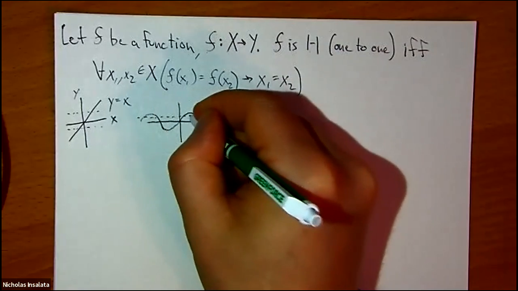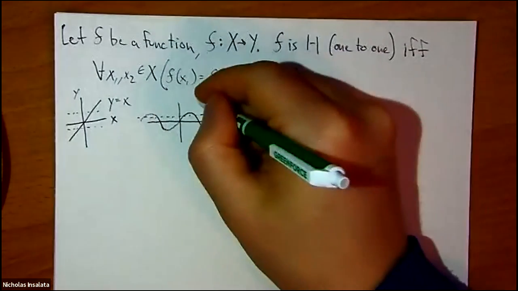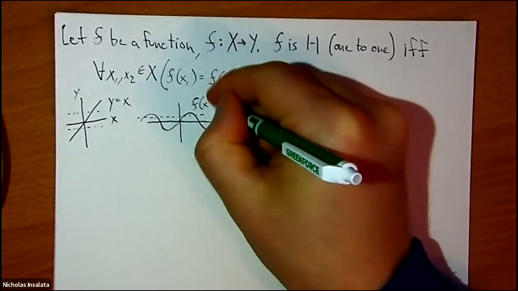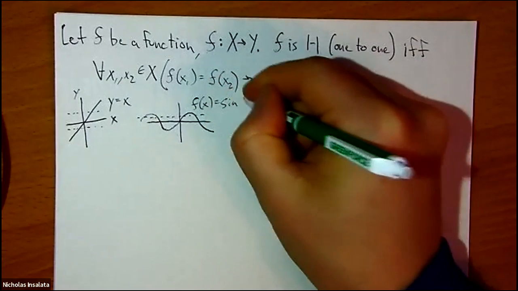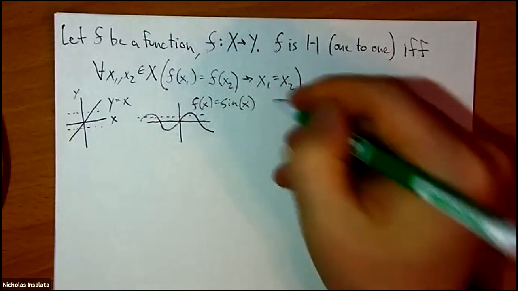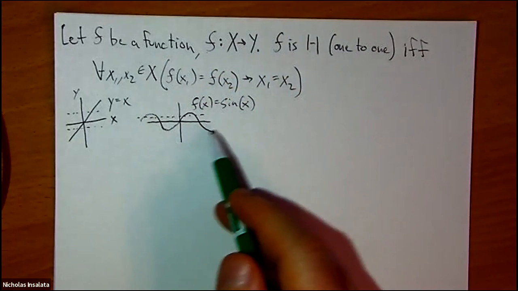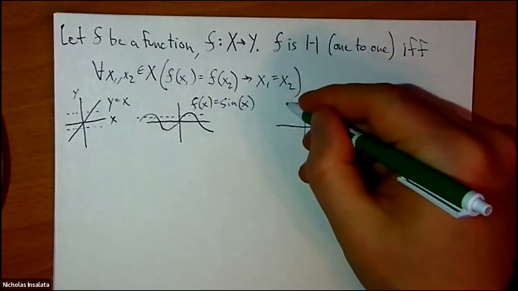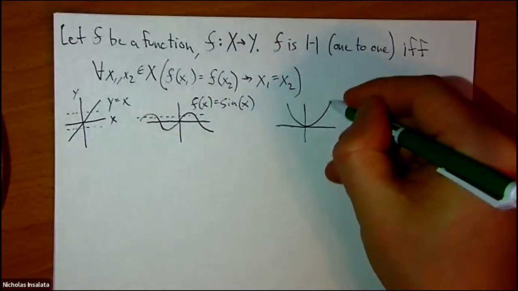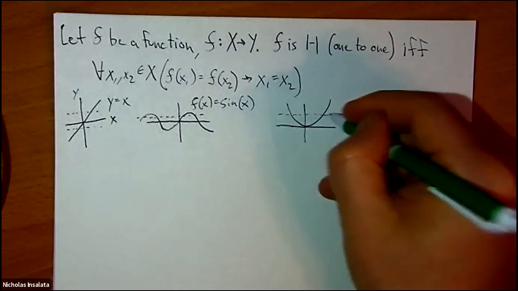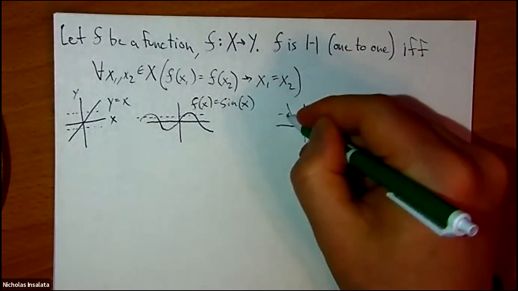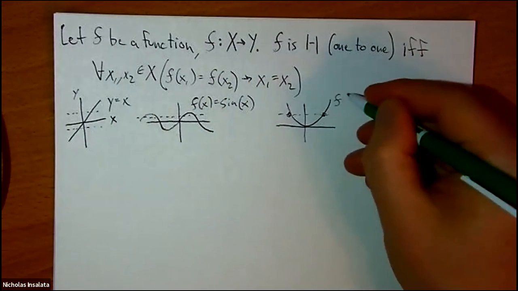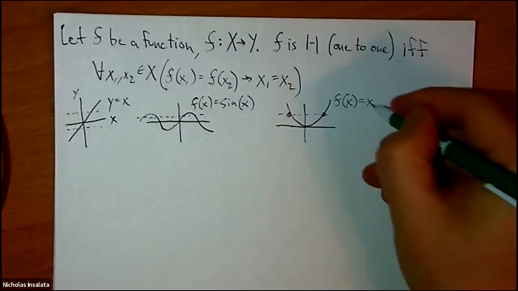Well, this is going to intersect the function at many locations, an infinite number of locations, in fact. So this is not one-to-one. Same thing with x squared. If we do our parabola here, we do a horizontal line through it, you can see there's two intersection points. So that would not be one-to-one.